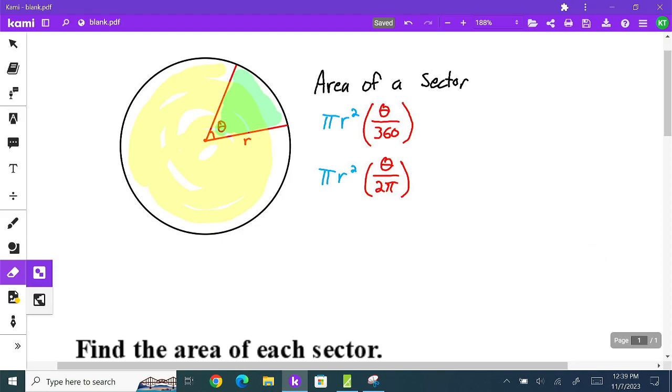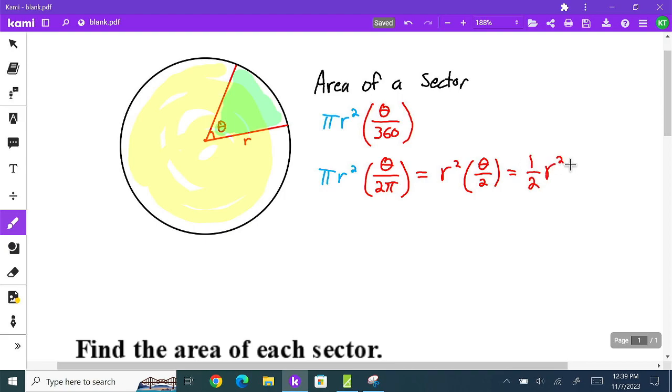But in area of a sector for radians, my pi's will cancel out, so I'll just be left with r squared times theta divided by 2, which when solving can be more easily seen as 1/2 times r squared times theta.